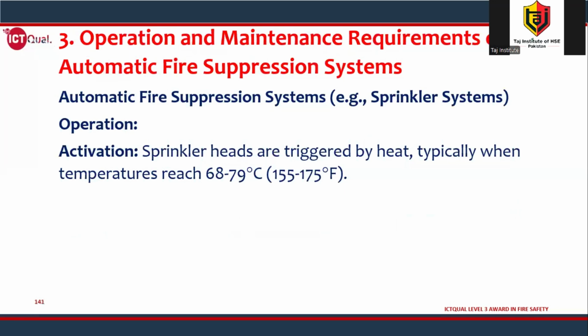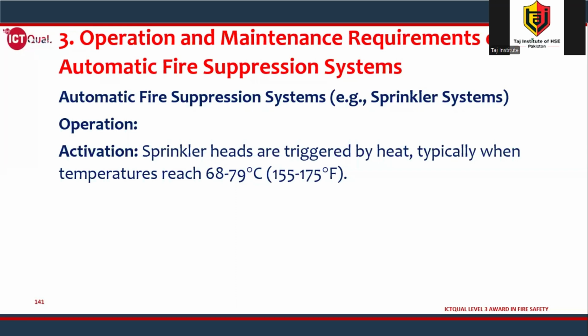Automatic fire suppression system, for example, sprinkler systems. Operation, activation: sprinkler heads are triggered by heat, typically when temperatures reach 68 to 79 degrees centigrade, or 155 to 175 Fahrenheit.